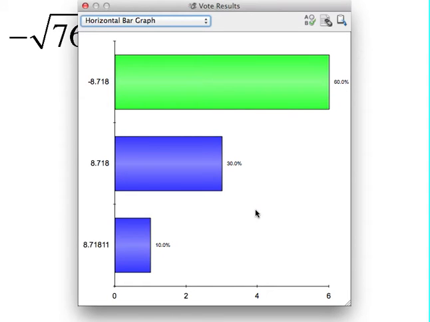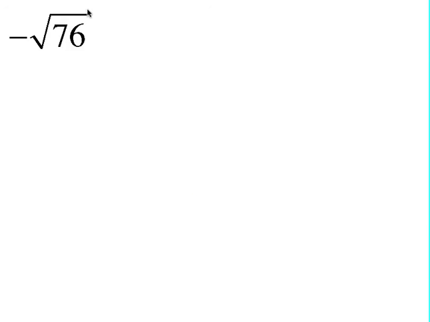Negative 8.718. Okay, some of you forgot the negative sign, but it should be a negative because that negative does follow itself down.